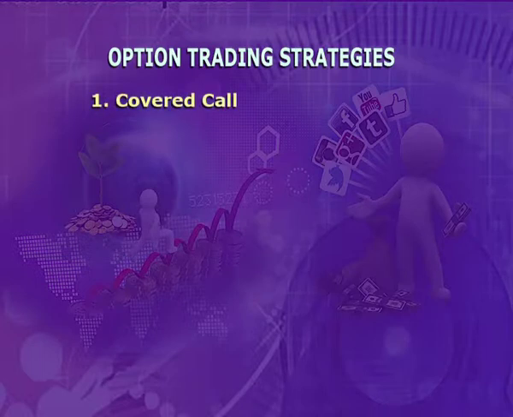Firstly, we will look at the covered call. When a long position on the underlying stock is combined with a short position on an out-of-the-money call option, a covered call strategy can be constructed. By writing an out-of-the-money call option, the combined position caps the upside potential at the strike price.